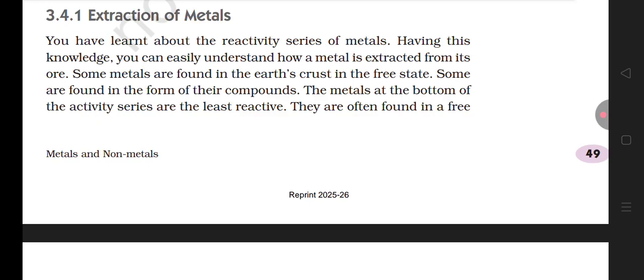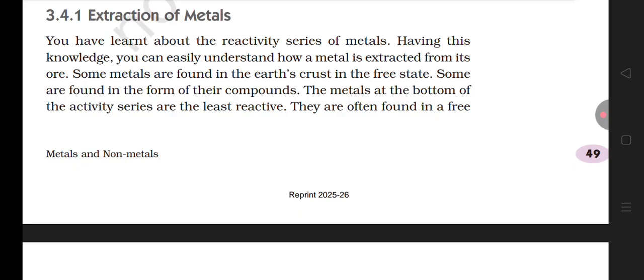Now metals of medium reactivity, which are zinc, iron, lead, or copper. These are found in two forms, either as carbonate ore or as sulfide ore. If they are found as carbonate ore, the process of calcination occurs. What happens in calcination?